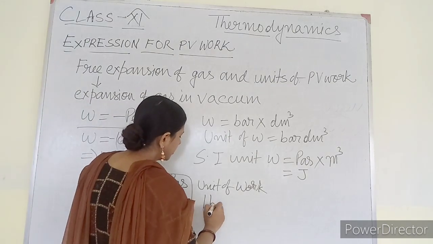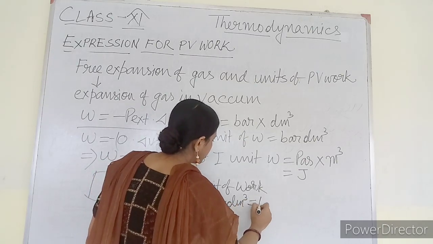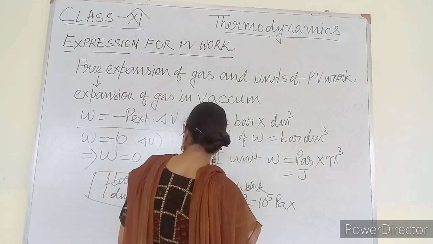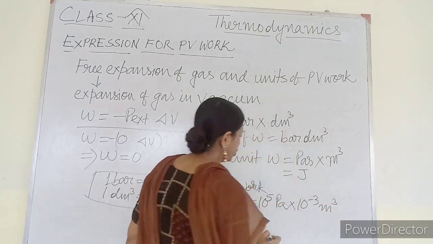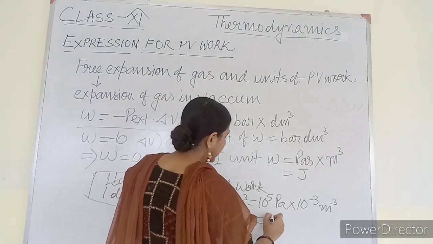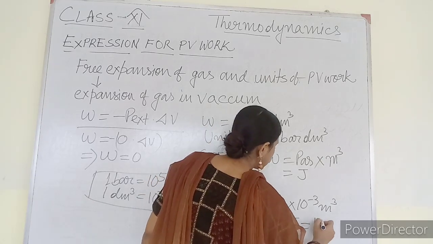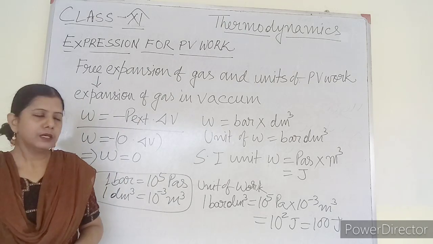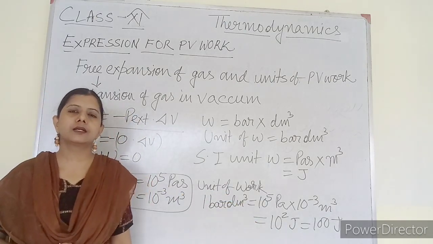So 1 bar decimeter cube equal to 10 to the power 5 Pascal into 10 to the power minus 3 meter cube. So what you are getting? You are getting 10 to the power 2 Joule. That means 100 Joule. So you also have to remember that 1 bar decimeter cube equal to 100 Joule.